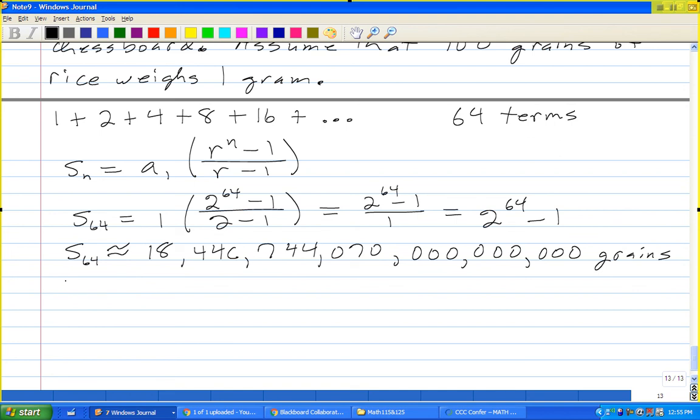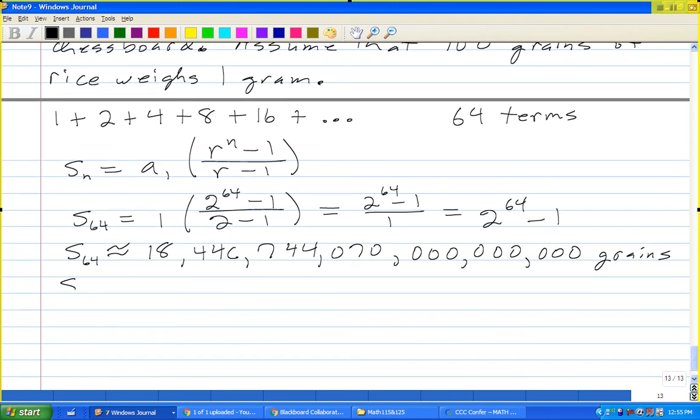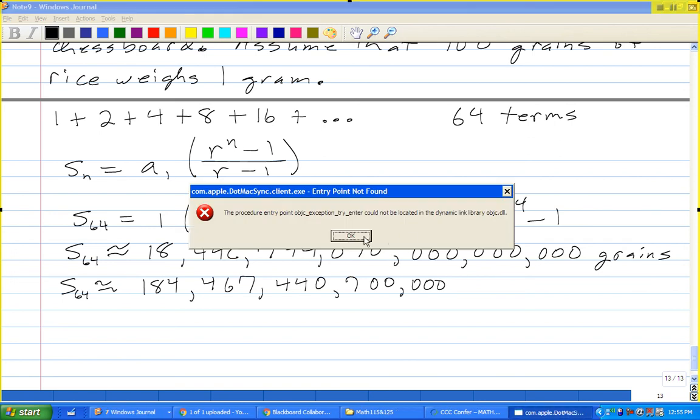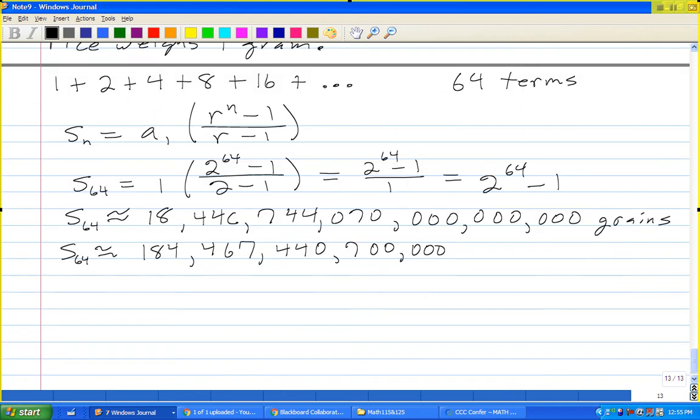Okay, so we have 100 grains, and so this is approximately 184 467 440 700 grains, grams of rice.